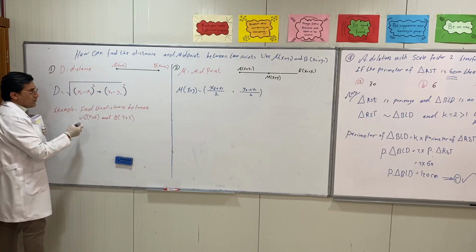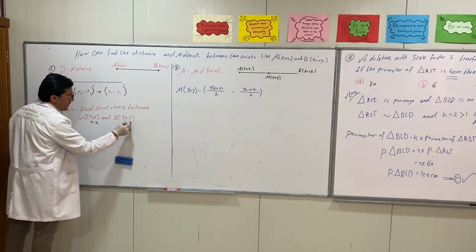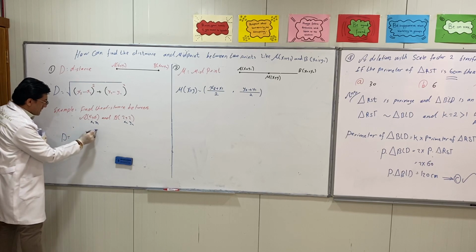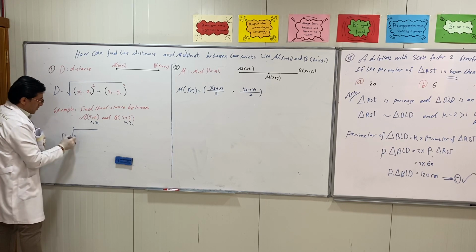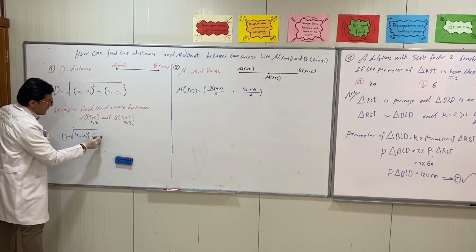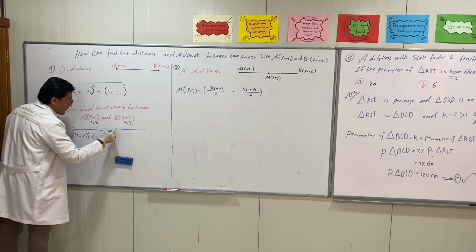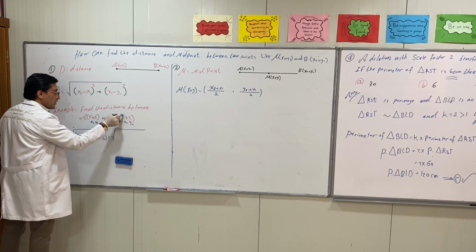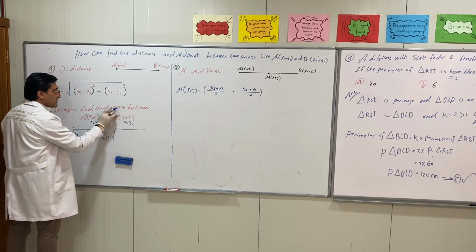First of all, identify x1, y1, x2, y2. The initial point is x1, y1, and then x2, y2. Second step, write the rule: D, the distance, equals the square root of x2 minus x1 squared plus y2 minus y1 squared. So substitute each value. We need x2 minus x1; no need to place anything else.